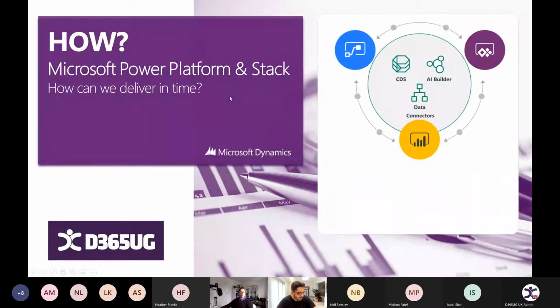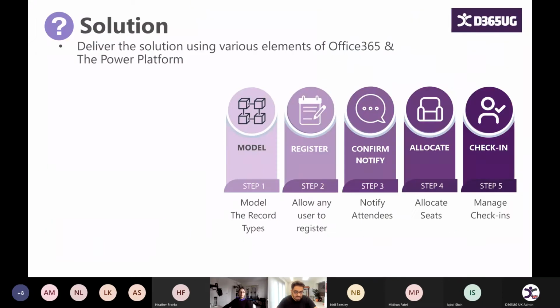So the best way, because I've worked with CRM and the Power Platform, and those that have used elements of the Power Platform know how good it is. The connectors that are available just make it so much easier to produce things. So for delivering the solution, I decided to use the following for each one of these stages.